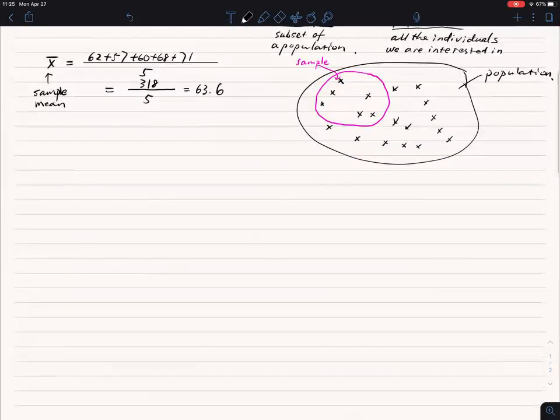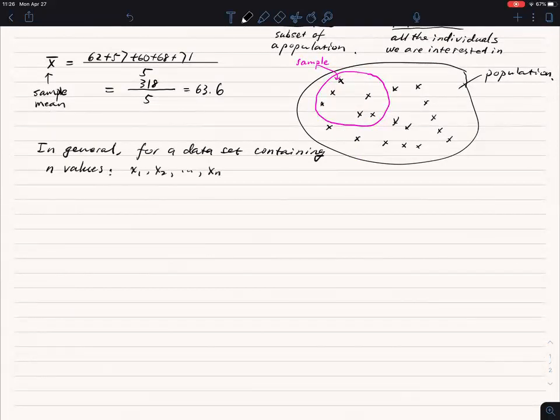Okay, so in general, for a data set containing n values, you can call them x1, x2, up to xn, that represent the n values.